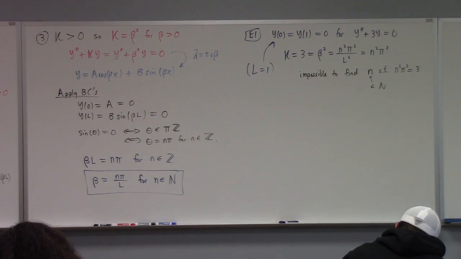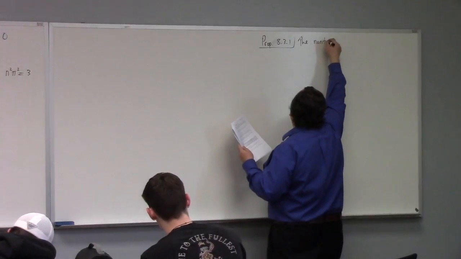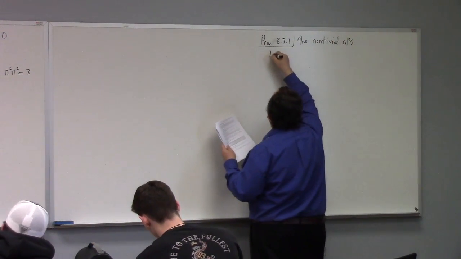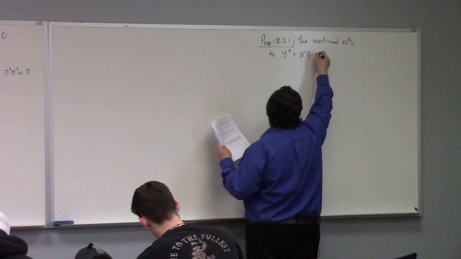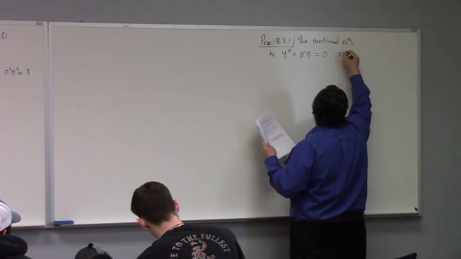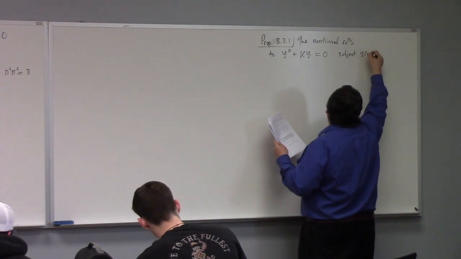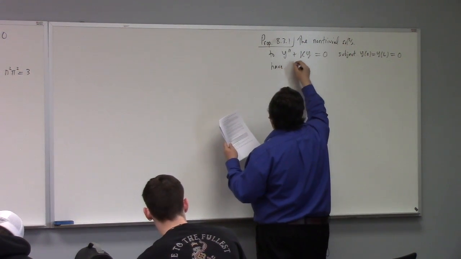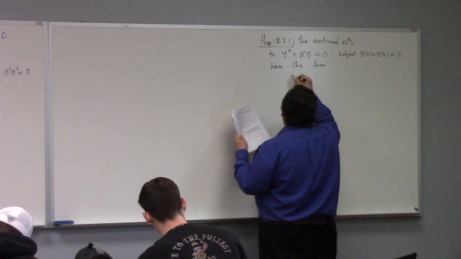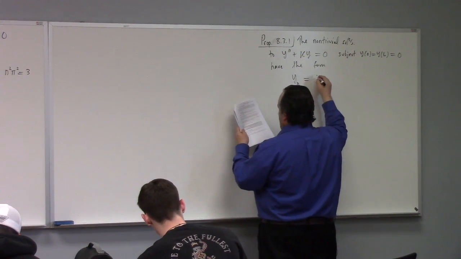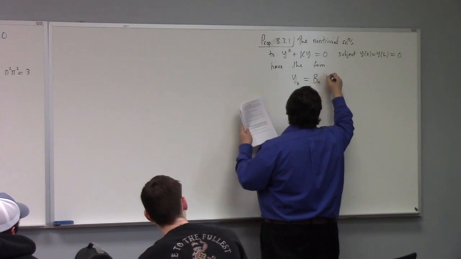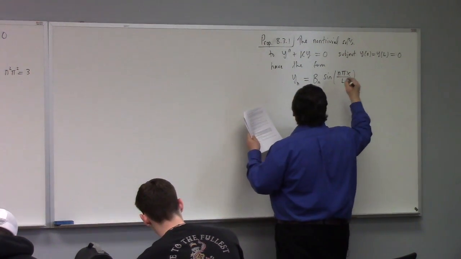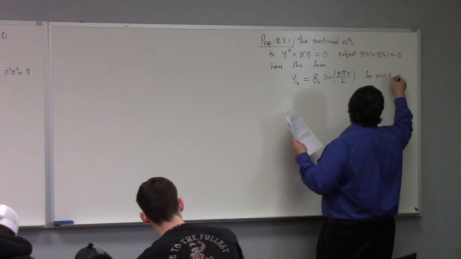It says that the non-trivial solutions to y prime prime plus ky equals 0, subject to y of 0 equals y of L equals 0, have the form y sub n is equal to some multiple, let's say b_n, times the sine of n pi x over L for n equals 1, 2, 3, and so forth.